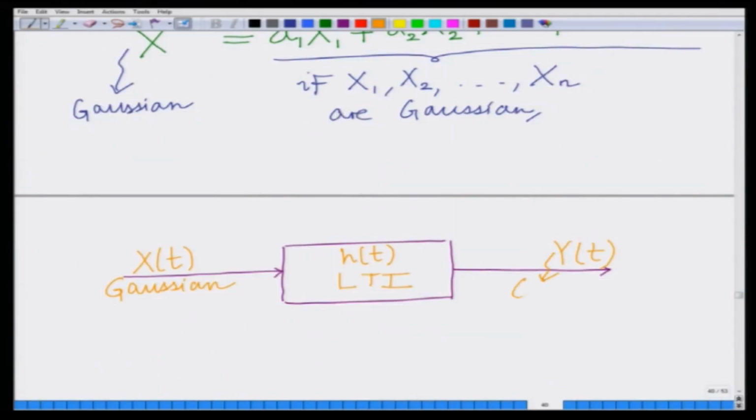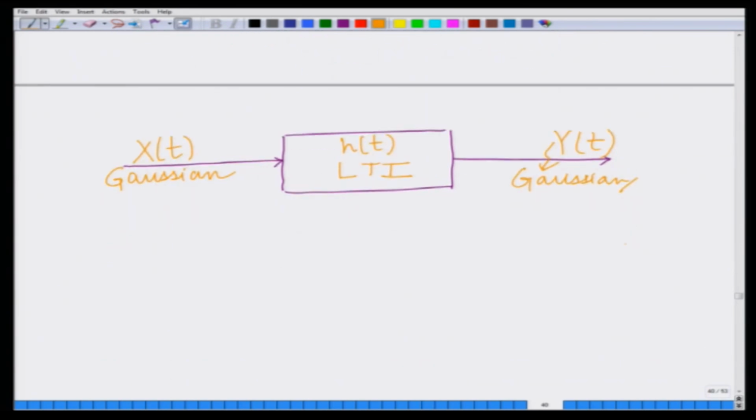We are linearly transforming the input Gaussian random process. Therefore, the interesting result is, if you pass a Gaussian random process through an LTI system, the output is another Gaussian, wide sense stationary random process. So, both wide sense stationarity and Gaussianity are preserved.